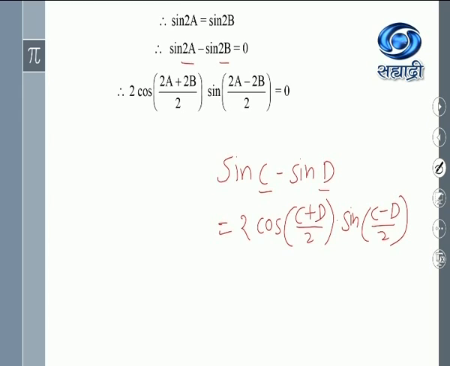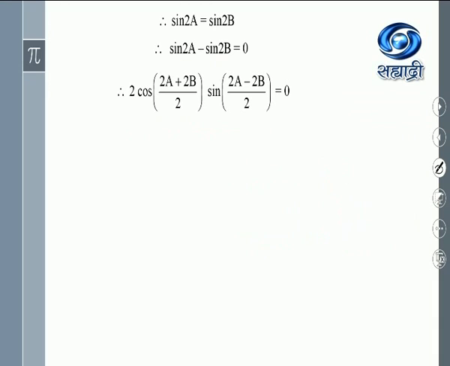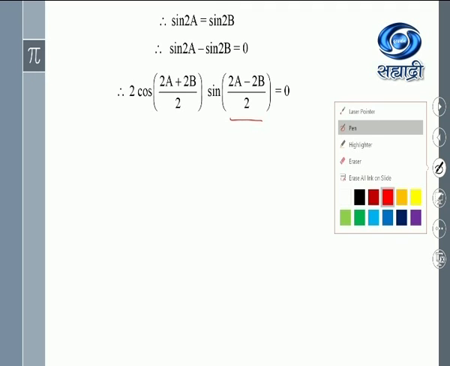We apply the factorization formula to have this step, that is 2 times cos of (2A plus 2B) upon 2, addition of these two angles divided by 2, into sine of difference of the angles divided by 2. So we write that as (2A minus 2B) upon 2, and RHS is 0, as it is.